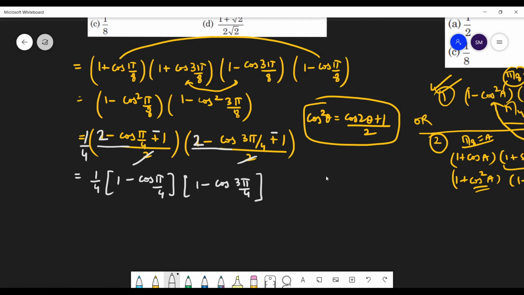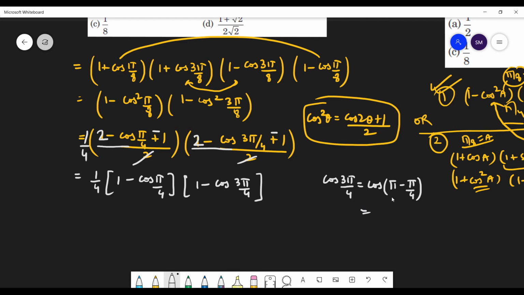Okay, so what is cos 3 pi by 4? I can write it as cos of pi by 4 into 3, and 4 pi by 4 is pi. So I can write it as pi minus pi by 4.